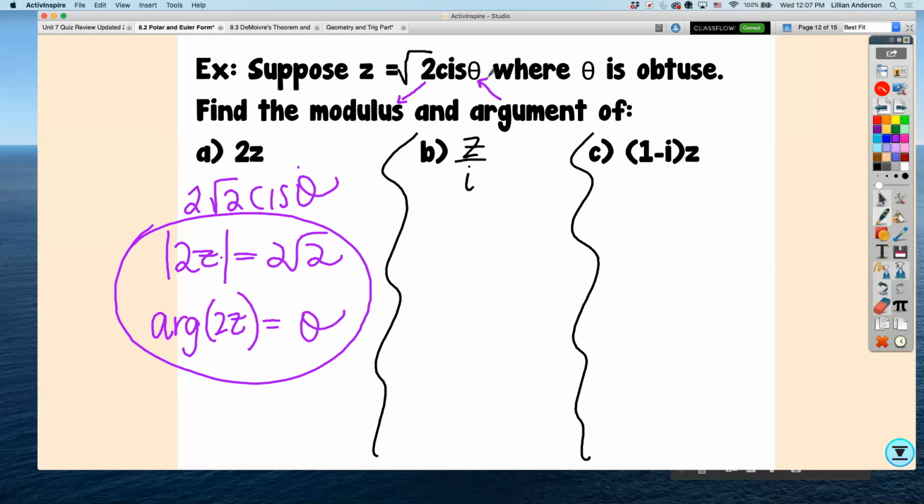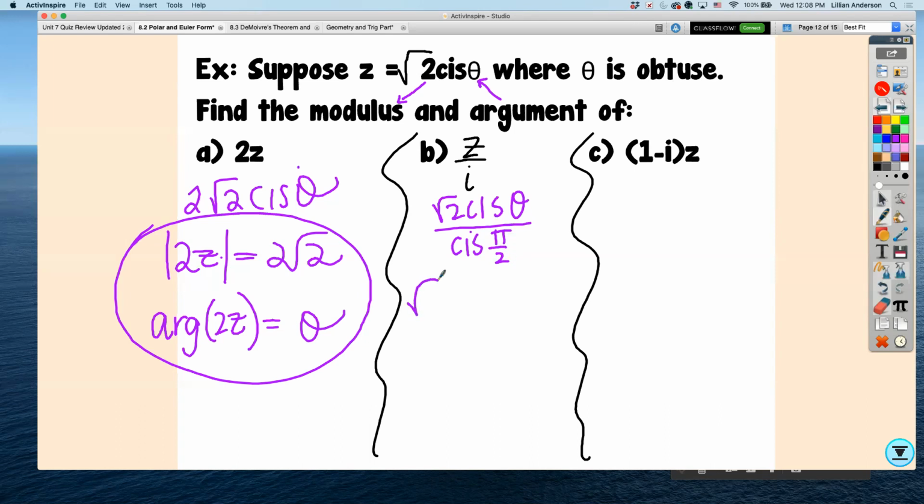All right. So then you have z over i. Well, we already know that i is what in polar form? This one here. Not cis 1/2, but cis pi/2, the angle. Remember, when you're dividing, what do you do to your angles?